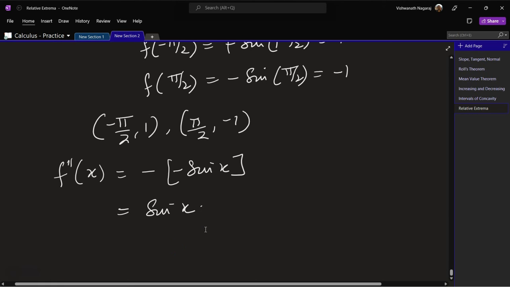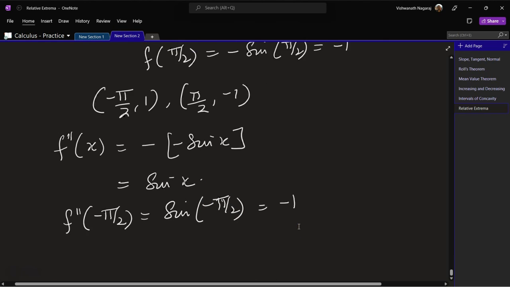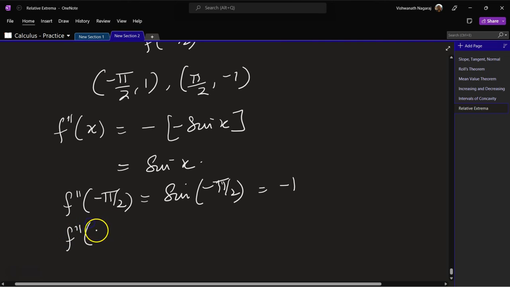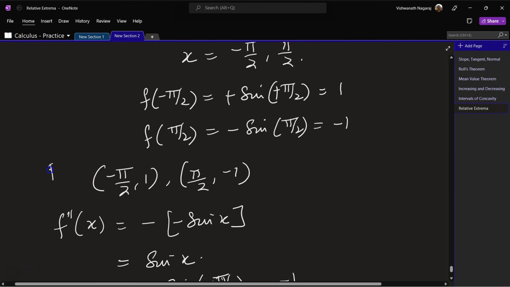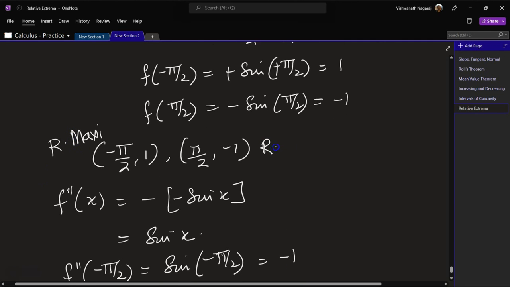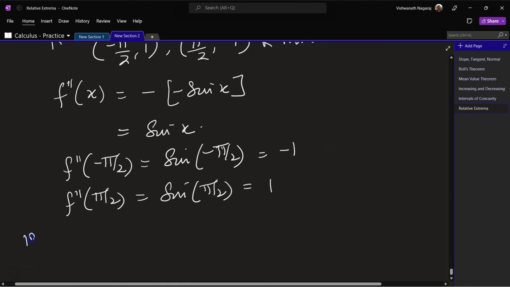And now we do the substitution. f''(-π/2) is equal to sin(-π/2), which is equal to -sin π/2, which is -1. And f''(π/2) is equal to sin π/2, which is equal to 1. So this is negative, this is positive. That means this is going to be a relative maximum and this is going to be a relative minimum.